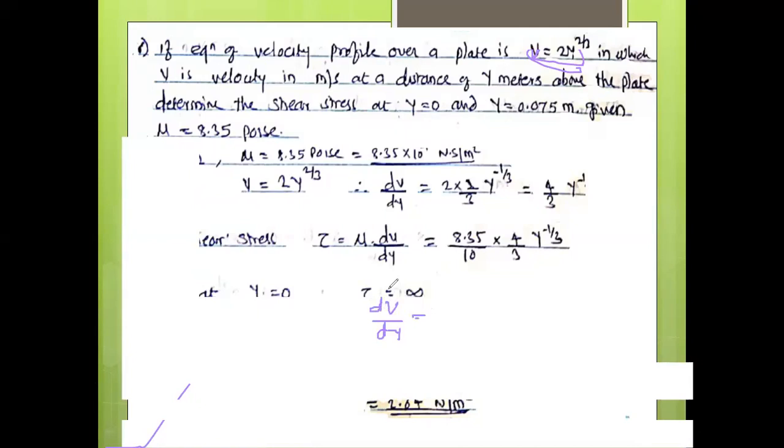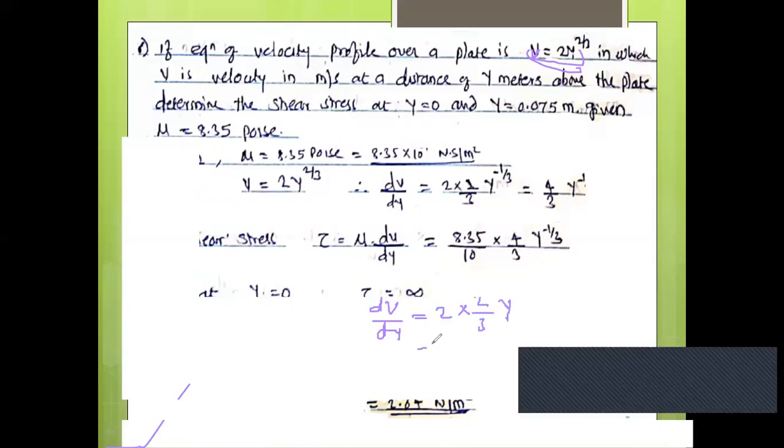Are you getting my differentiation of this equation with respect to y? So dv by dy is equal to 2 into the differentiation of y raised to 2 by 3, which will be 2 by 3 into y raised to 2 by 3 minus 1. Correct. So here I can write 2 into 2 by 3 as 4 by 3 into y raised to 2 by 3 minus 1.